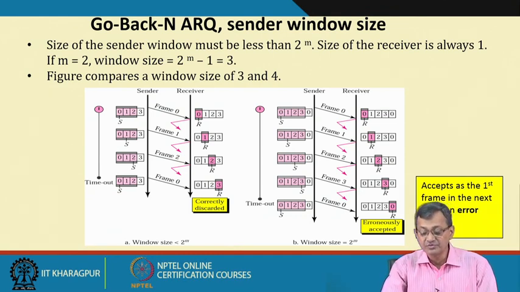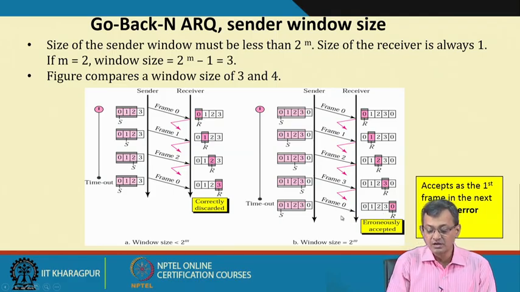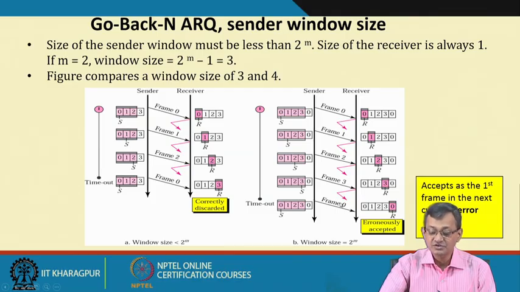With the larger window, when frames are lost, the receiver erroneously accepts a frame with sequence number 0 as the first frame of the next cycle, mistaking it for the expected 0.